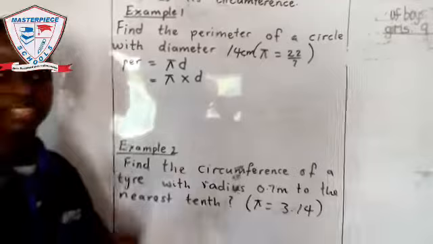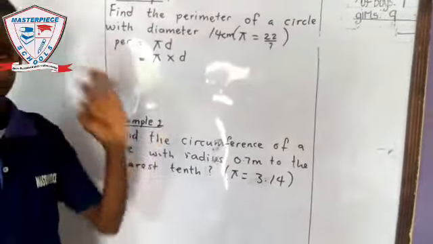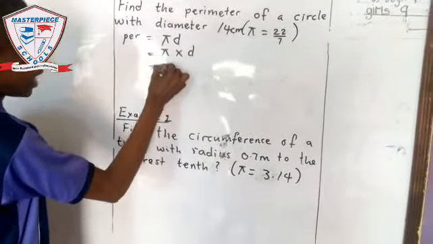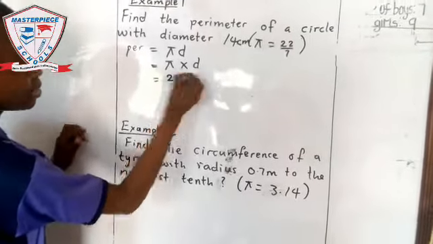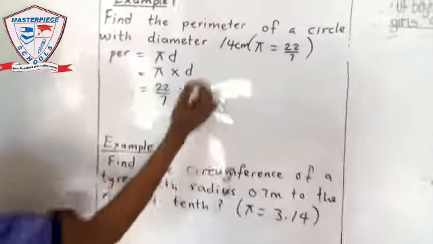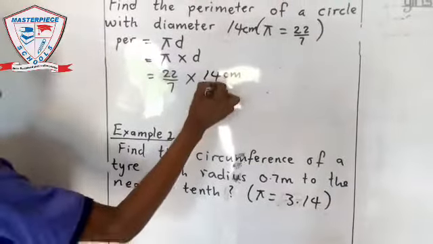This question says you should take your pi to be 22/7. Always note that when the question asks you to write your pi as something, make sure you write it just like that. So your pi is 22 over 7, times the diameter, 14 centimeters. This 14 is the same thing as 14 over 1.